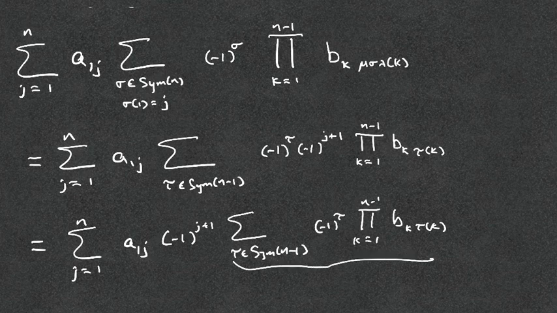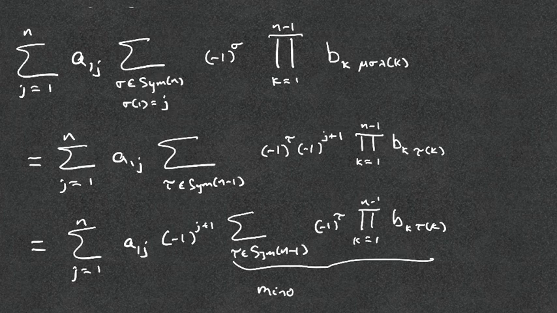We call this the minor of a. It's a subdeterminant, and in particular, since we got rid of the first row and the jth column, we call it the minor a sub 1j, or really the determinant.